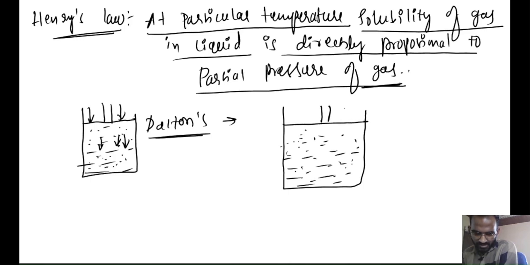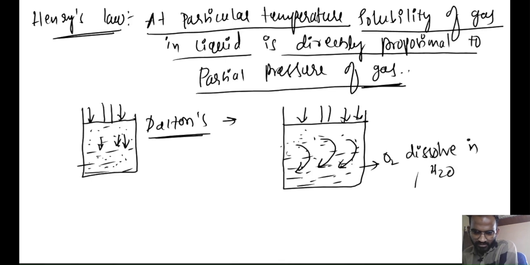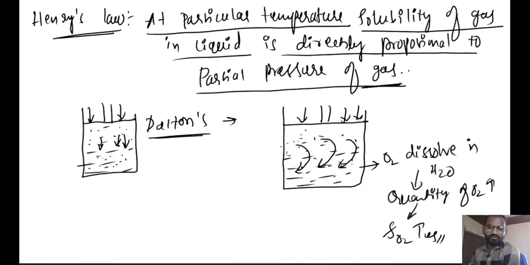Now if I am increasing the pressure, what will happen? Oxygen gas will dissolve more in water. If oxygen gas is dissolving in water, the quantity of O2 increases. Quantity of O2 is increasing means what? The mole fraction of O2 also increases now.